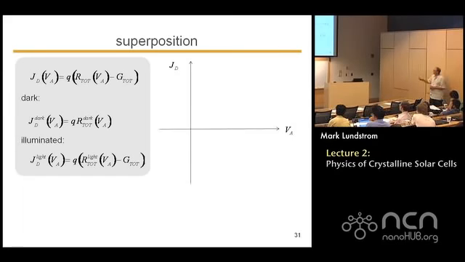Superposition says I'm going to take my short circuit current and I'm going to assume that it's voltage independent. I argued yesterday why that's reasonable for a silicon cell. And I'm going to take my dark current and I'm going to get a diode characteristic like this. And then I'm going to assume that what happens when I have both a bias applied and light applied is just a superposition of those two.